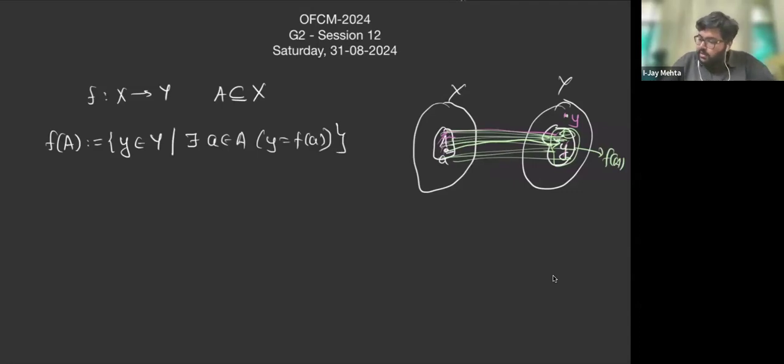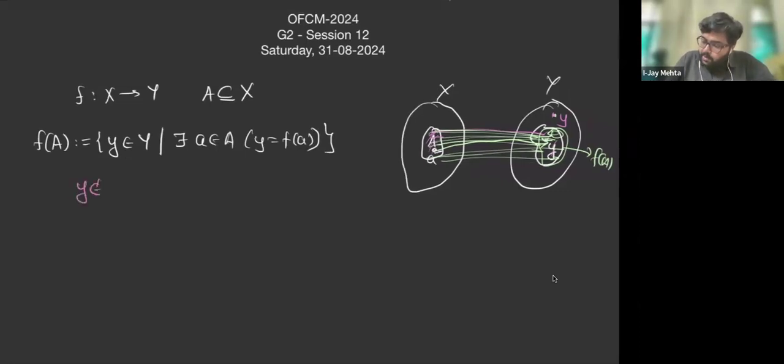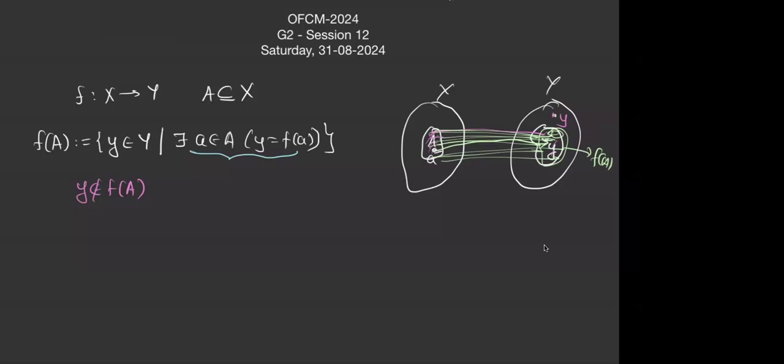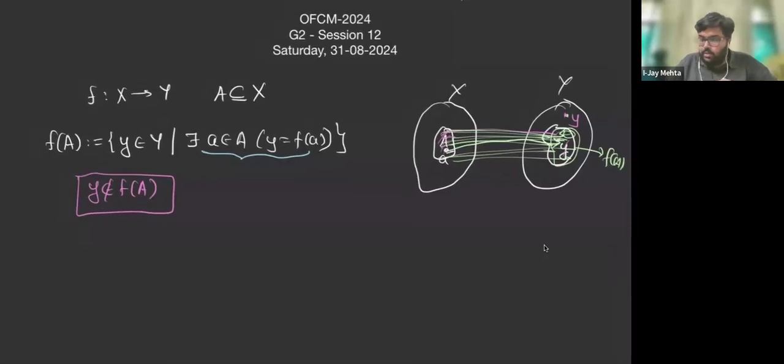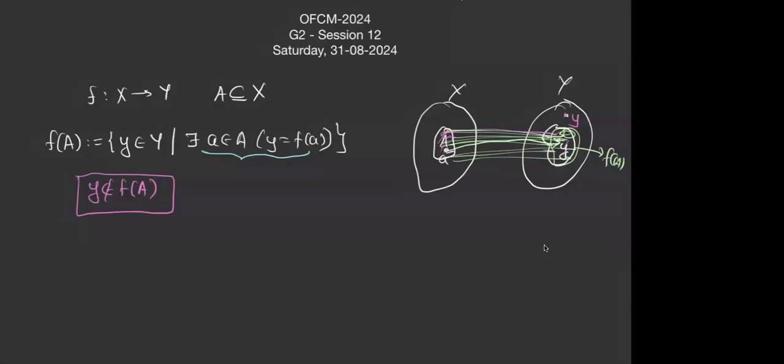So what do you mean by saying that y does not belong to f of A? If y belongs to f of A, then this condition holds. What do you mean by saying y does not belong to f of A? y in Y such that for all a in A. Now I'm taking y in Y, but y does not belong to f of A. This means that for all a in A, y is not equal to f of a.